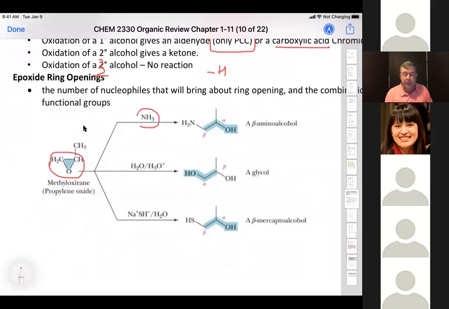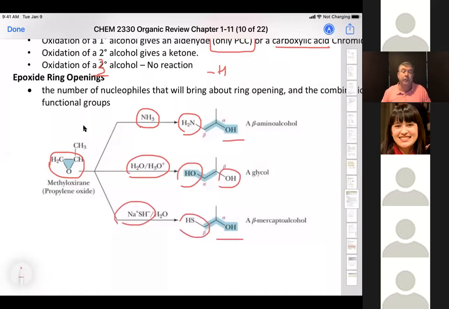So in the case of an amine, it'll give you an amino alcohol. In the case of water, it'll give you a diol. In the case of any other nucleophile, it'll give you that functional group plus the alcohol. Okay, so that's the only ether reaction we have in this chapter.